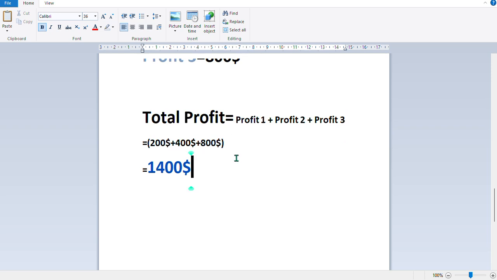Our first profit is $200, then add $400, then add $800. In this case, our total profit for this strategy will be $1,400.